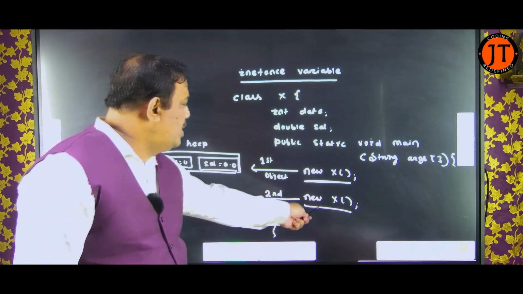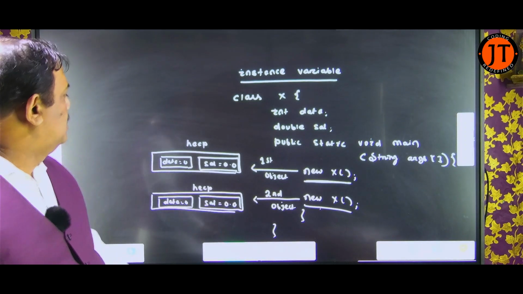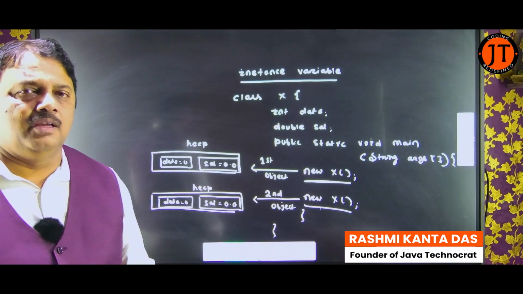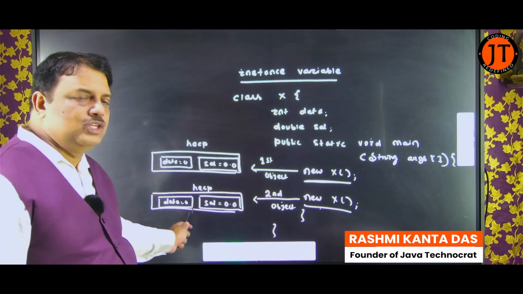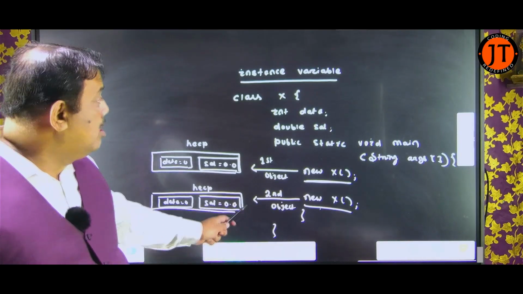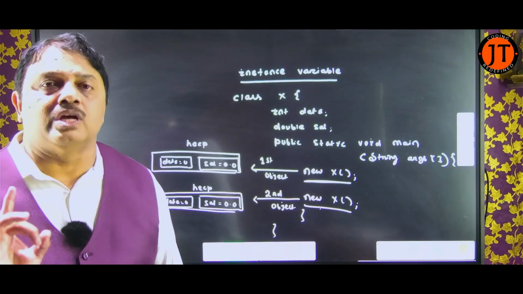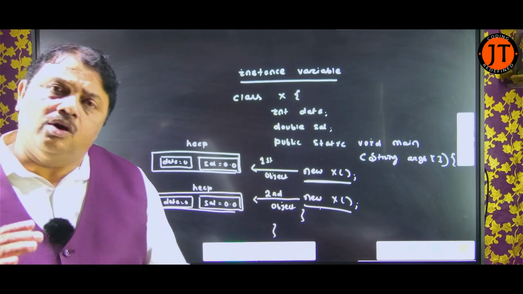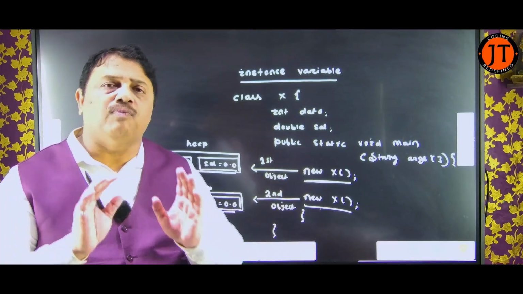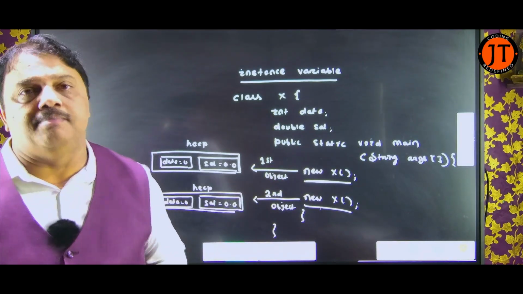In the same way, when I construct the second object by calling the constructor through the new keyword, the second object is constructed, and here also data is initialized by 0 and sal is initialized by 0.0, because as a programmer I have not initialized the instance variable. Here you may face one question: I construct 5 objects, how many times are instance variables initialized? 5 times.